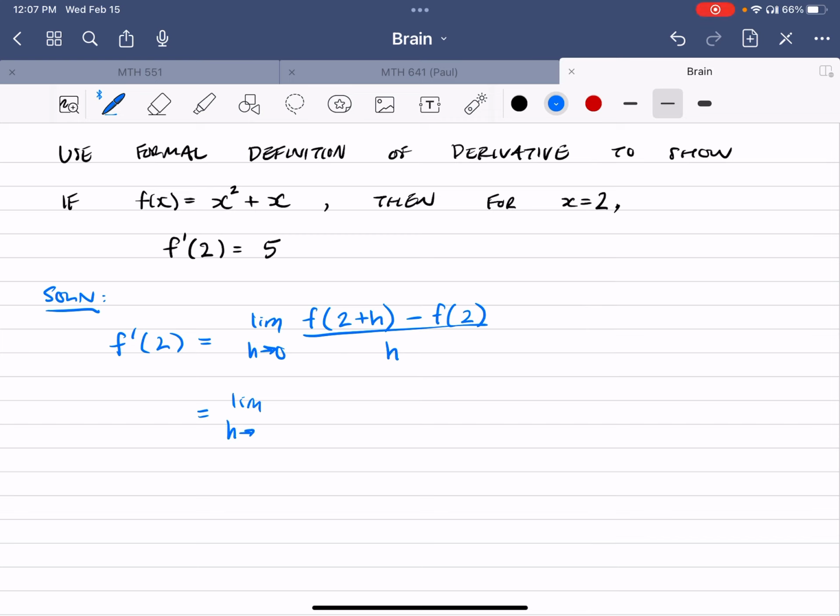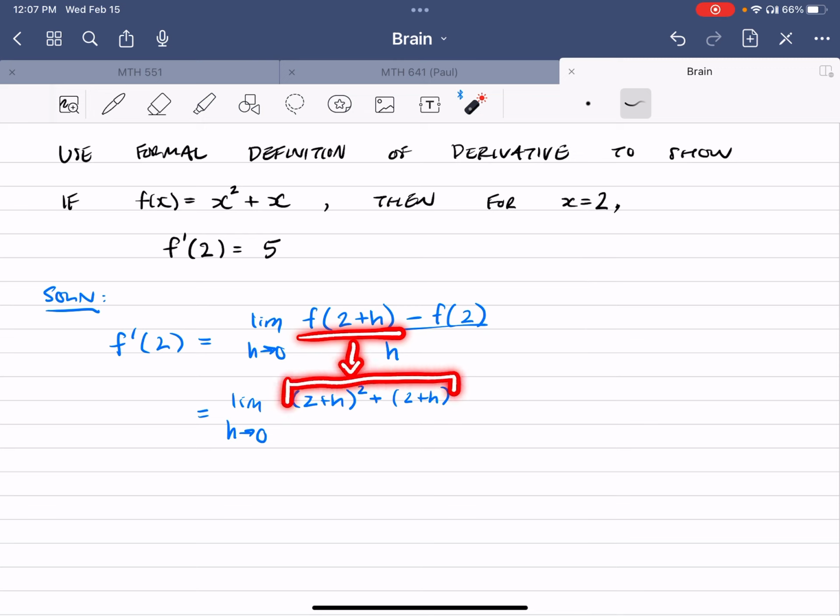Let's plug those things in. So anywhere we see an x in this function, we're going to plug in 2 plus h with these parentheses. The parentheses are certainly needed. So this is 2 plus h squared plus 2 plus h. This is this thing.